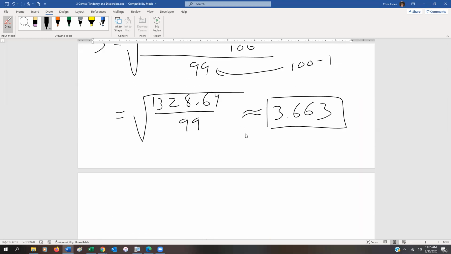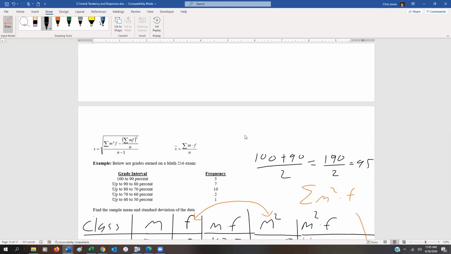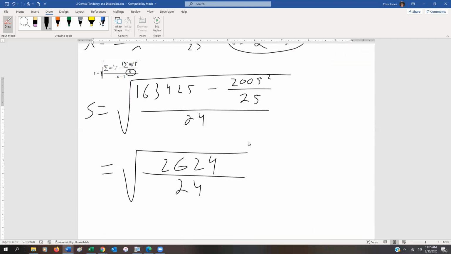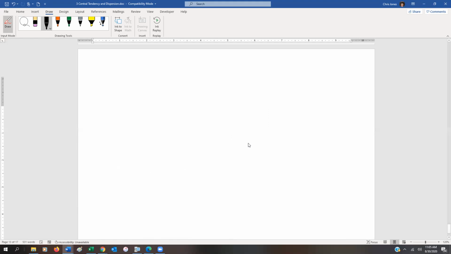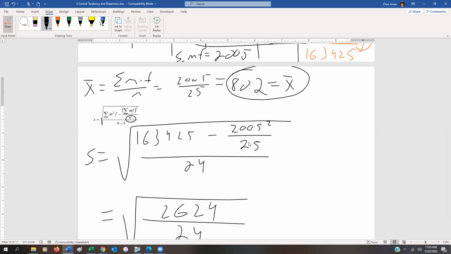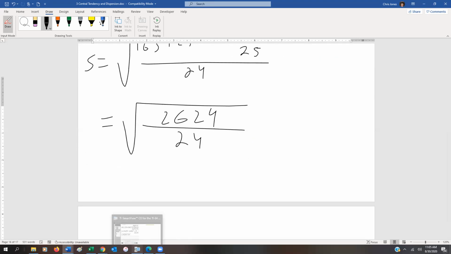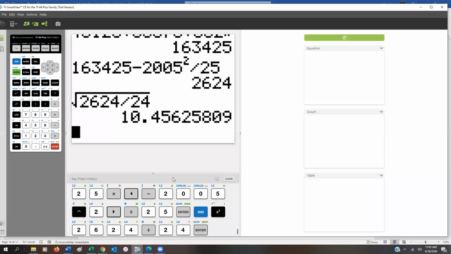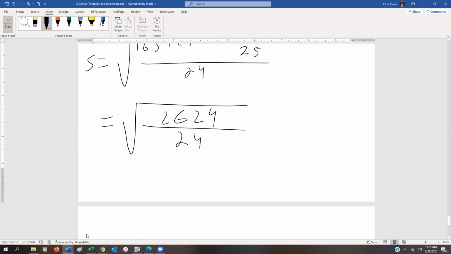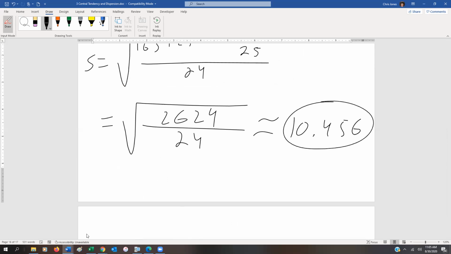All right, we got 3.663. This time, we have the numbers a little bit further apart. So if we go through and execute this, we should get a number that's a little bit bigger, 10.456. So we end up with approximately 10.456, which is certainly bigger.